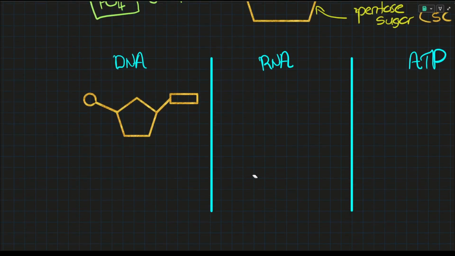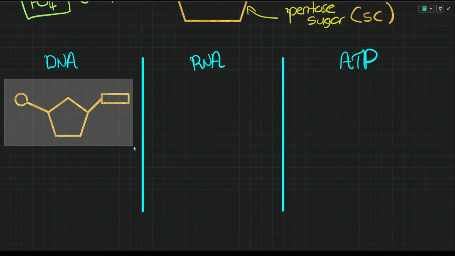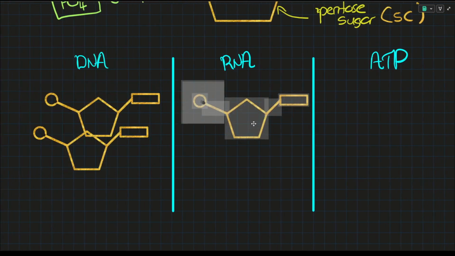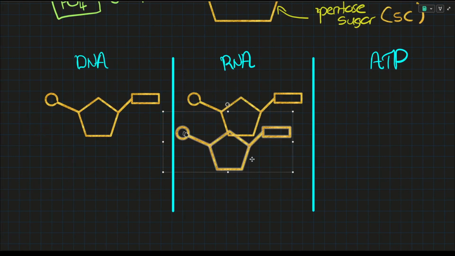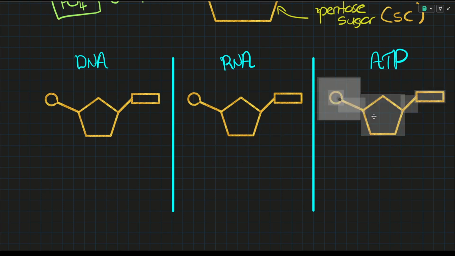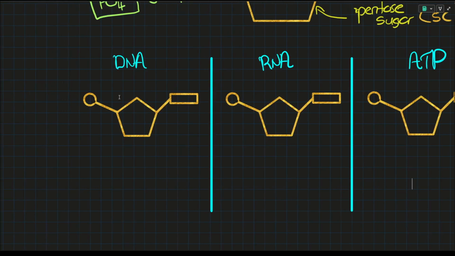Okay. Now, this is the deal. It's the exact same structure for all three, actually. Let's multiplicate and do the exact same thing. So same structure again, like so. The only thing is from one kind of nucleic acid onwards to the next, things change.